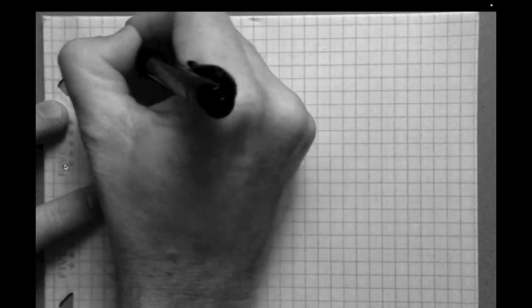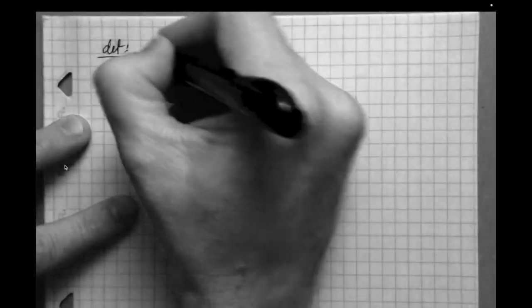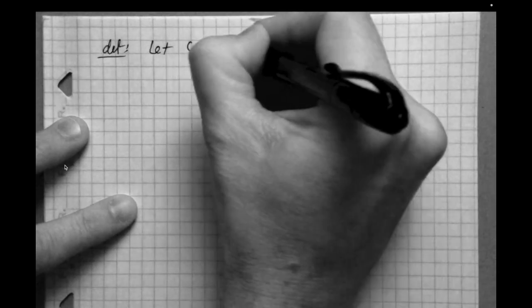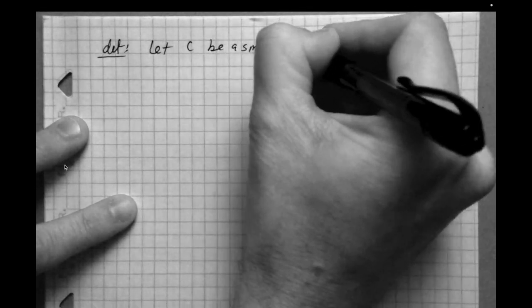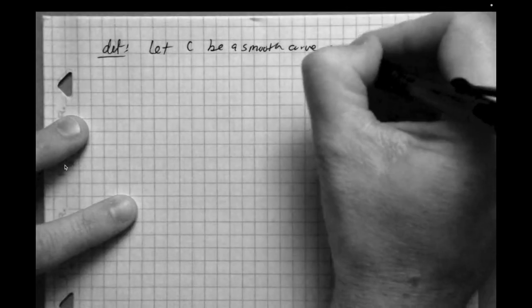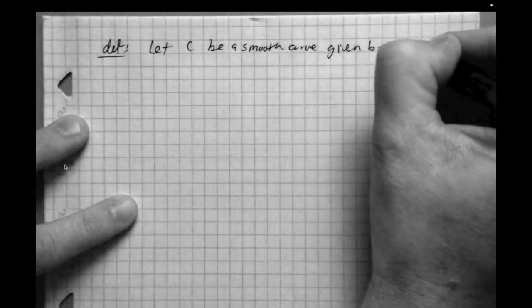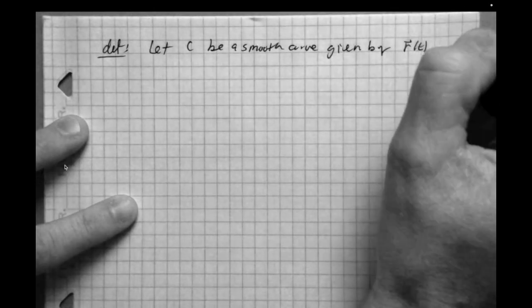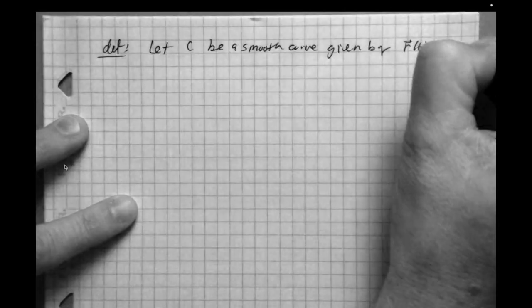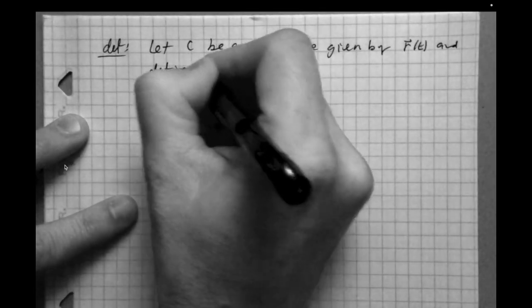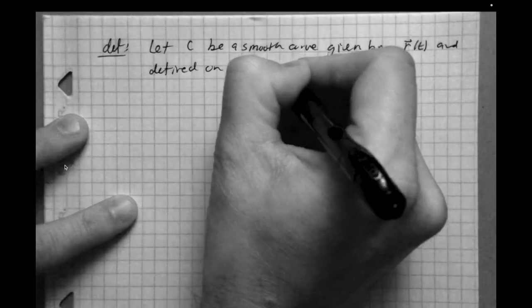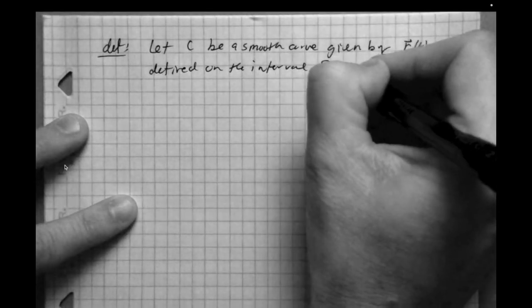So in the case where we do want to have the parameter be something like arc length, how does it work? Well, let's define this. We'll let C be a smooth curve given by r of t, some vector valued function, and defined on the interval [a, b].